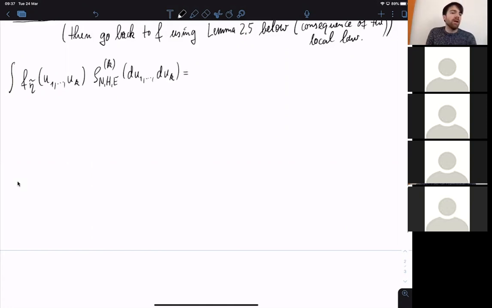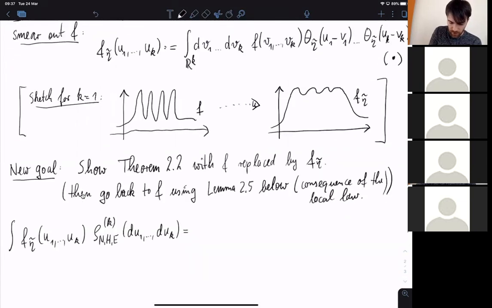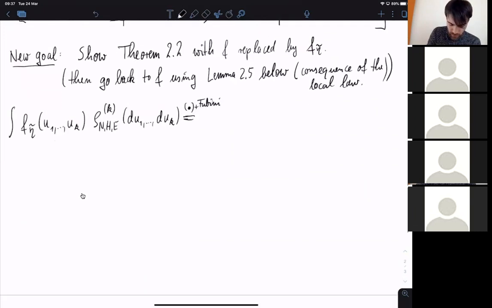Okay, and now by plugging in the definition of f eta tilde, the definition up here in (dot), and using Fubini, we can rewrite this integration in a slightly different way.